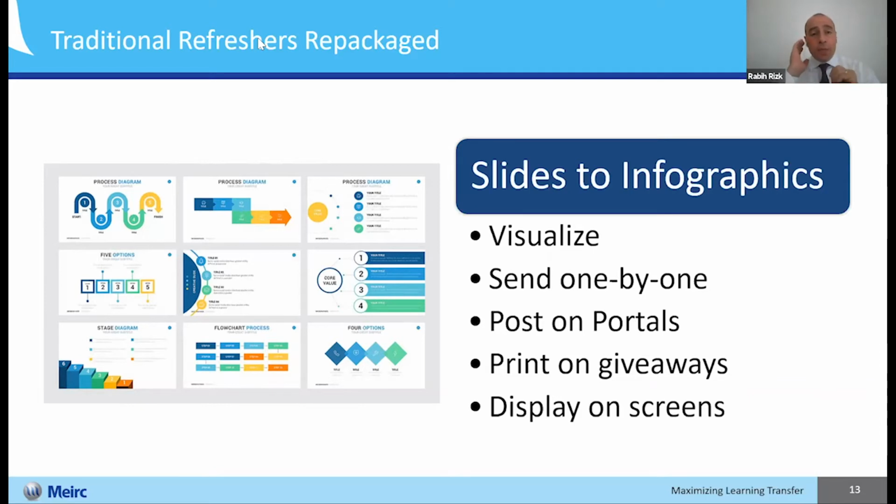That's why instead of designing one infographic that covers the whole course, let's design 10 infographics that would cover bits and pieces of the course itself. And then have a communication plan to share those small visuals or visual information with the participants.